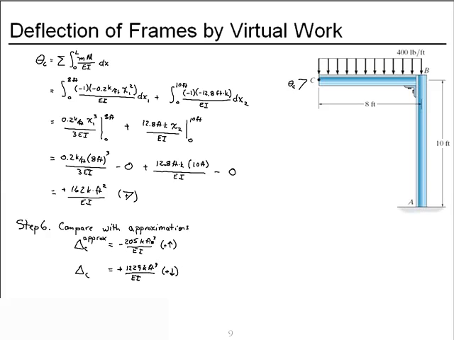Our approximation is definitely smaller than our prediction from virtual work, which we expected, but the difference is about a factor of 6.